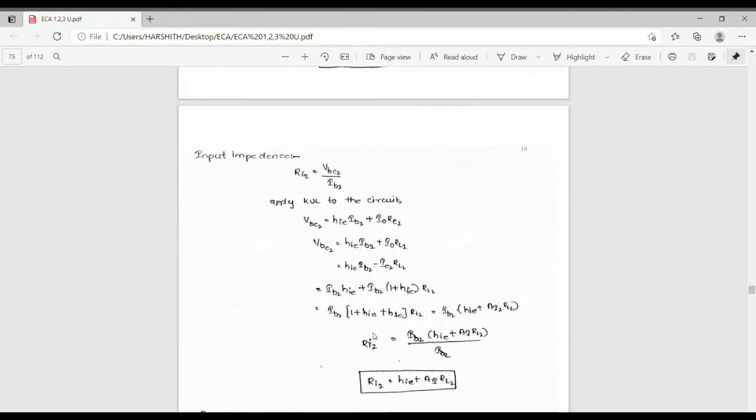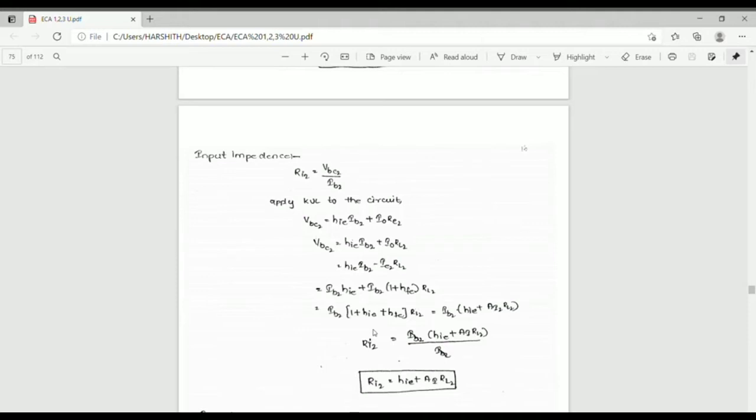And input impedance. Impedance means resistance. So that is RI2. Resistance equals voltage by current, so in this, VBC2 by IB2. By applying KVL we can get VBC2 equals hie IB2 plus I0 RL2.